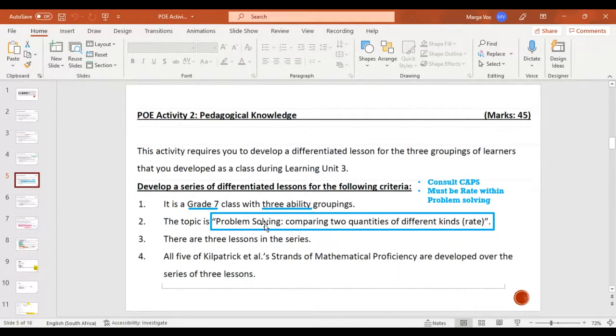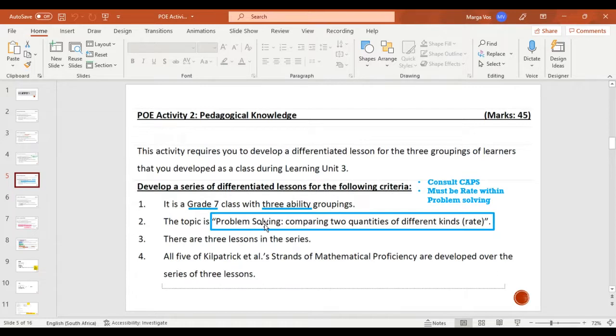Remember, I have already said this before, that for each lesson you decide how you would group your learners if you want to group them, and you will always move around the group members. It's flexible grouping, so it depends on which lesson you are preparing, and then you decide how you would group your learners.